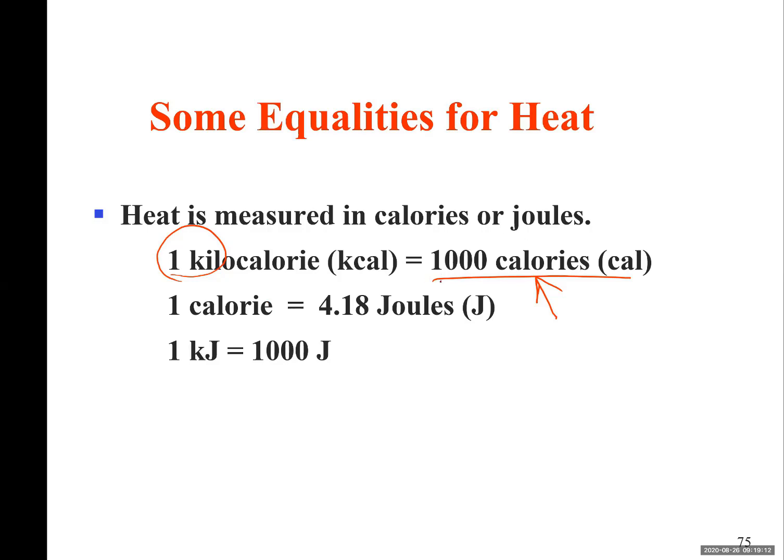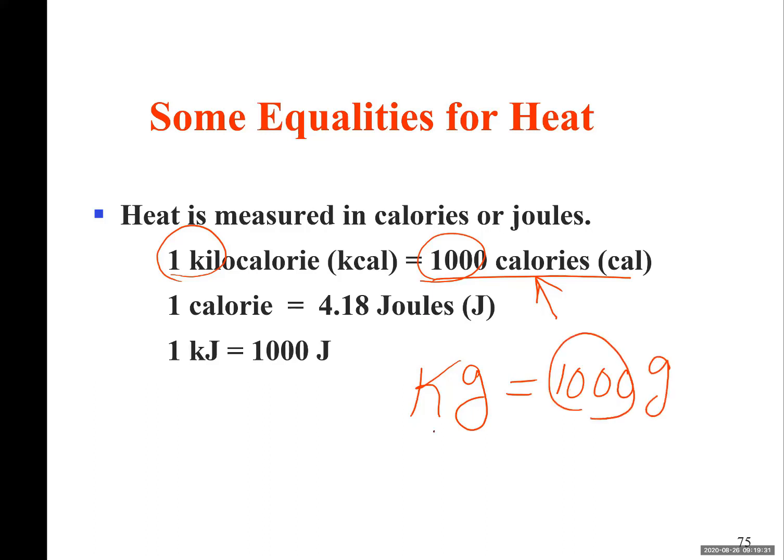So kilo is 1000 times larger. The prefix kilo simply means 1000 times larger, the same way that 1 kilogram is 1000 grams. So the unit for measuring energy is the calorie. The international system, SI, uses the joule as the unit of energy.